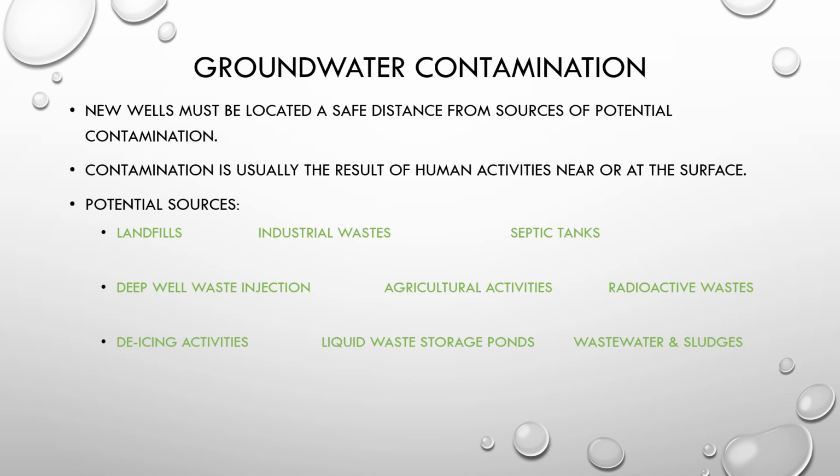Potential sources of contamination could be landfills, industrial waste, septic tanks, deep wells, de-icing activities like around airports. There's a whole bunch of different ways to contaminate your groundwater source, so this list is not all-encompassing. It's just a good list to give you an idea.